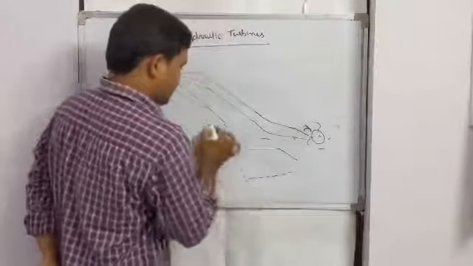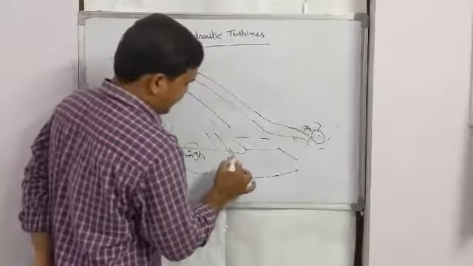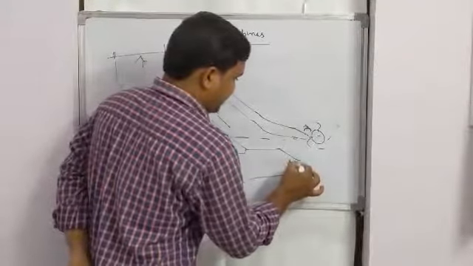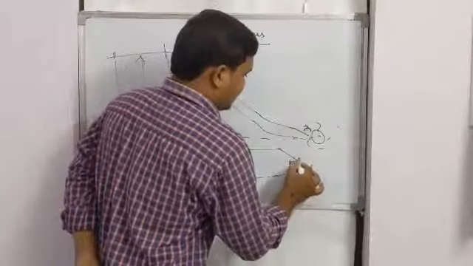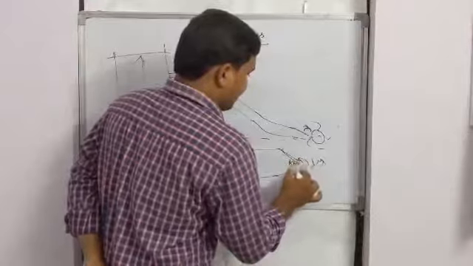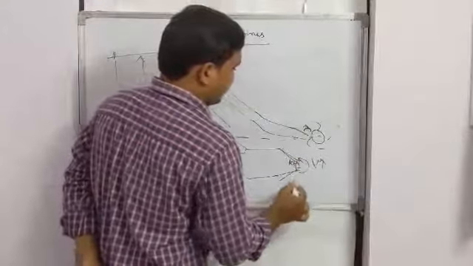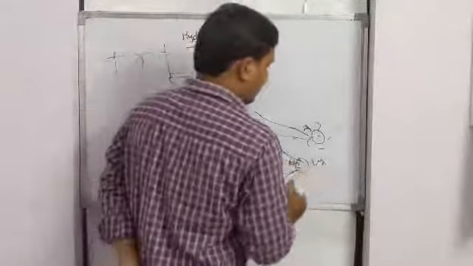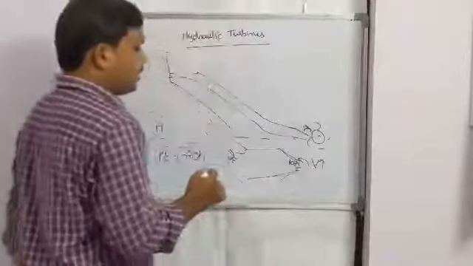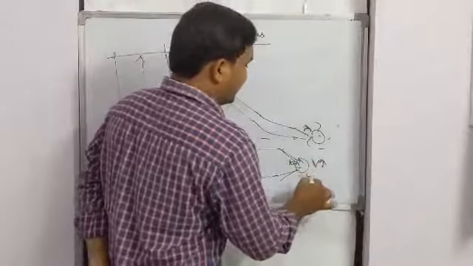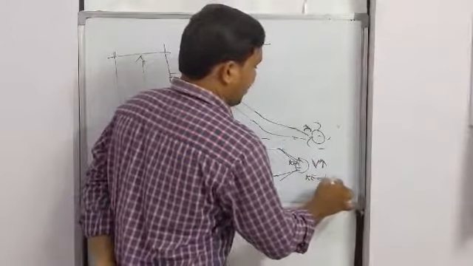In the penstock, the potential energy coming from the dam is converted into kinetic energy in the nozzle fitted, because at the nozzle the velocity increases. A nozzle is a reducing cross section area, where the diameter decreases, so the cross section decreases. When the cross section decreases, according to the continuity law, the velocity should increase. The more the velocity, the more the kinetic energy, that is half mv square.